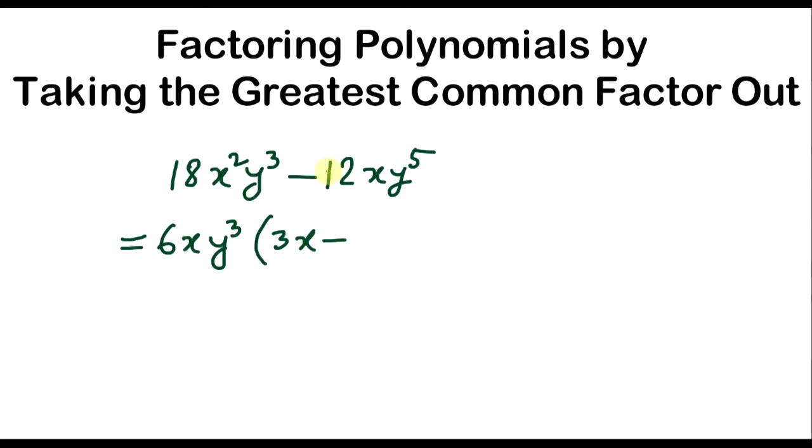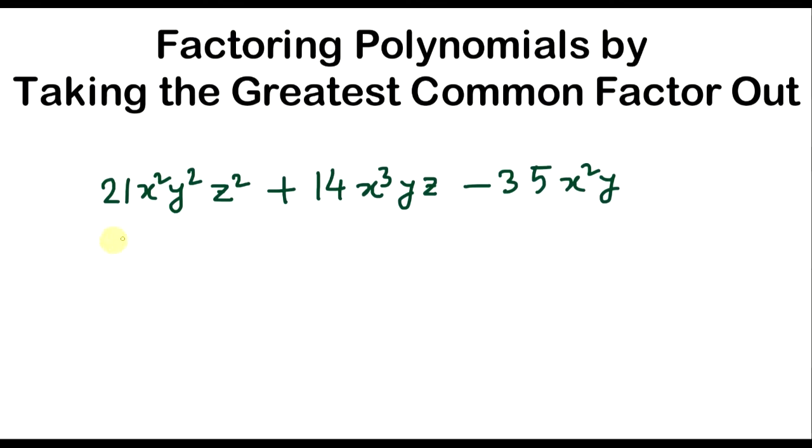Next, if you divide 12 by 6, you get 2. And x will be cancelled. Y to the power 3 we have here, and we have 5 as a power. So y squared is left here.